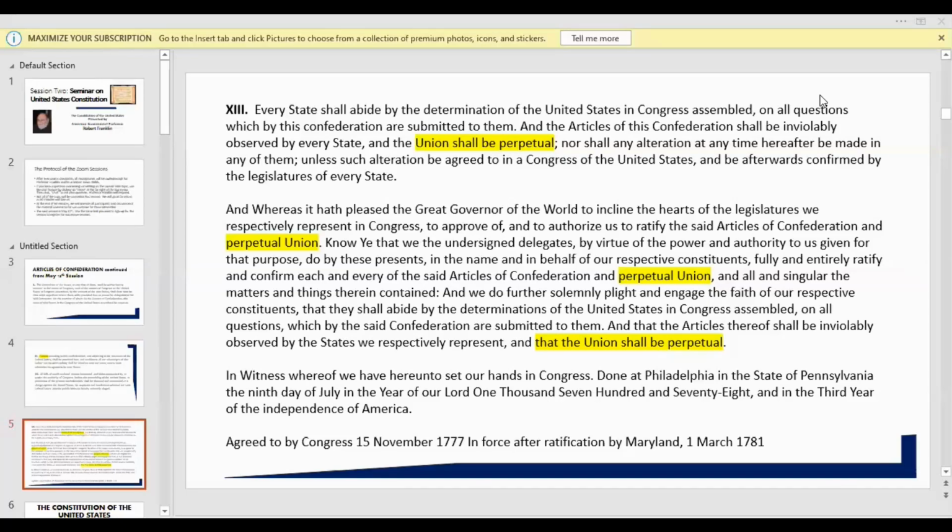He kind of knew he'd never see that money, but he was fine with that. He felt he did his patriotic duty. But now the war is over, and he wants to go back to his farm and become a farmer again. But the problem was this economic depression in Massachusetts. He couldn't pay the taxes on his farm. His neighbors couldn't pay the taxes on their farms.